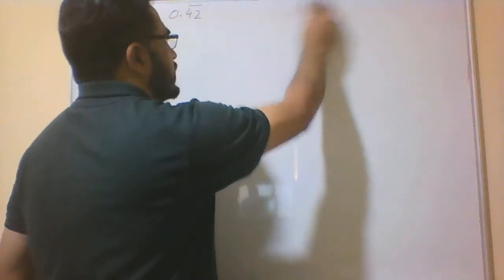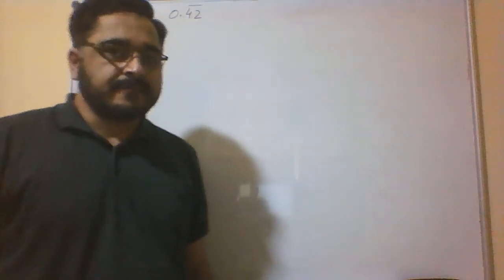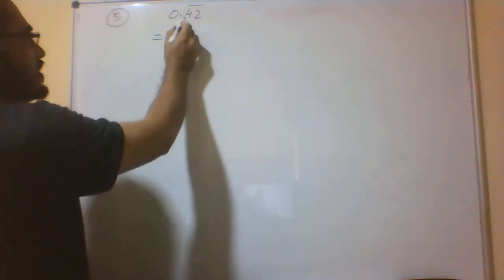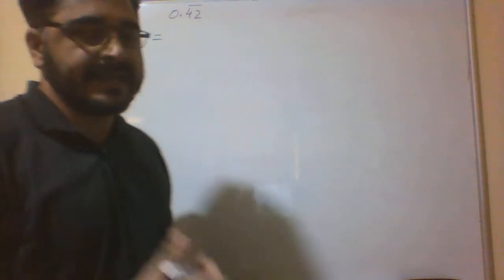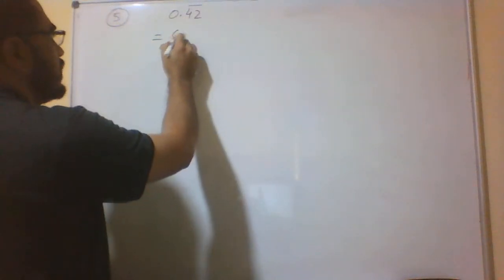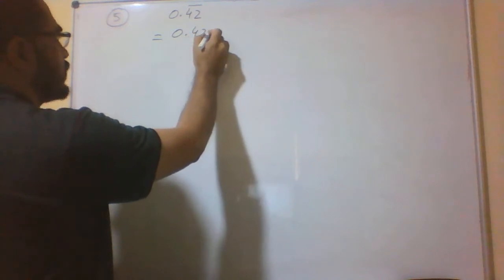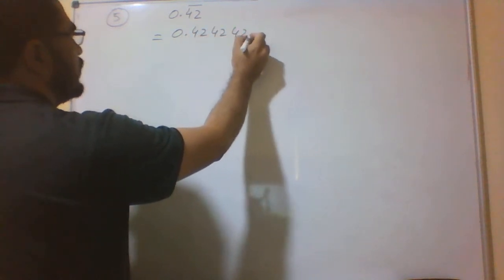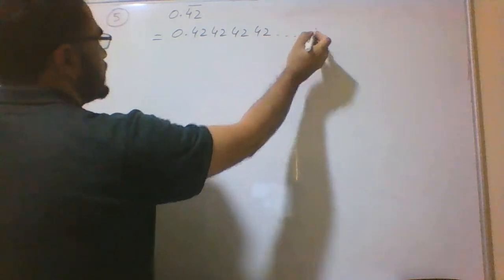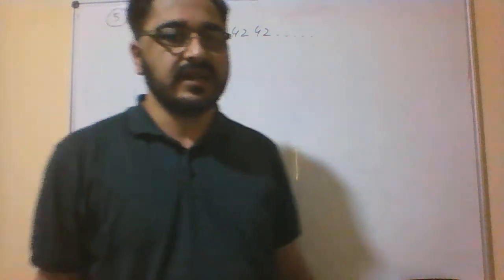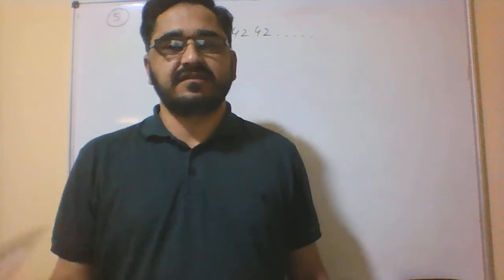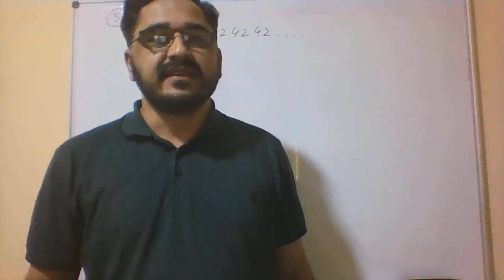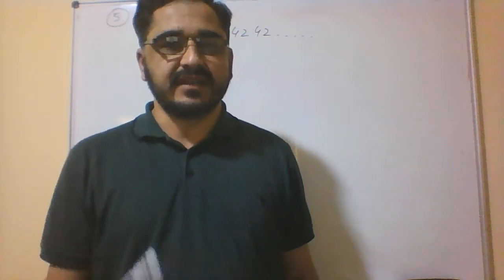This represents the recurring decimal. It means this 0.42 is repeating again and again: 0.42, again 42, again 42, again 42, in this way. One is recurring and one is terminating. In terminating, different digits will be there, and in recurring decimal, the same digits are repeating.